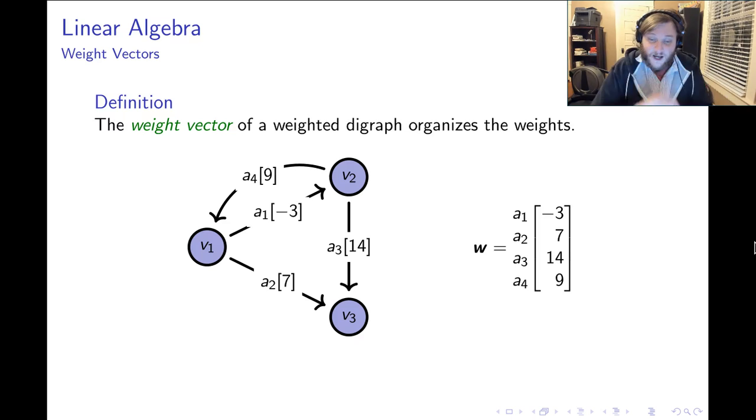So the next piece of terminology I'd like to introduce is the notion of a weight vector. Weight vectors encode all the data of the weights inside of a weighted digraph. So here we're looking at a figure representing a weighted digraph that has 3 nodes and 4 arrows.